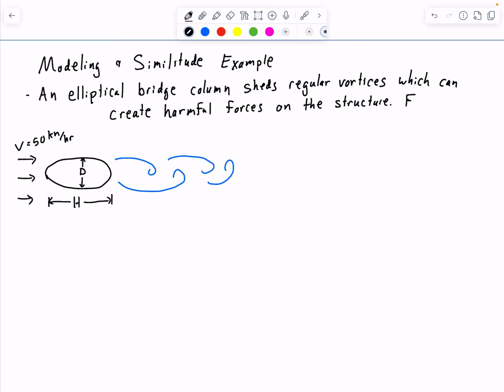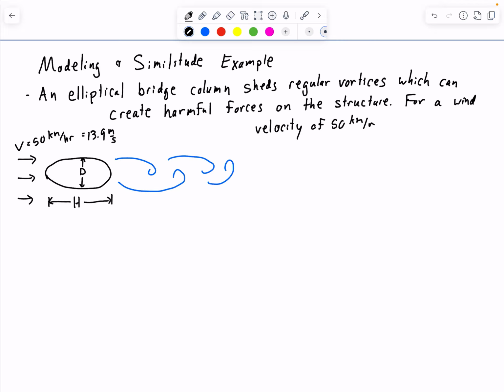So we're given a wind velocity. This is the wind velocity that this bridge would experience out in the field. We said this was 50 kilometers per hour, which I'll just make a note here is equal to 13.9 meters per second.